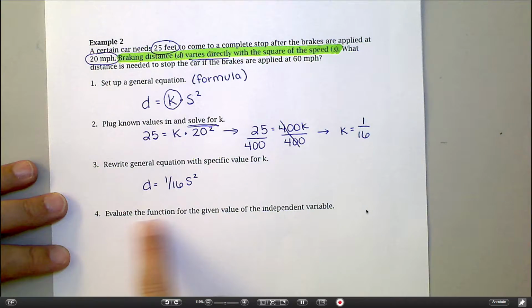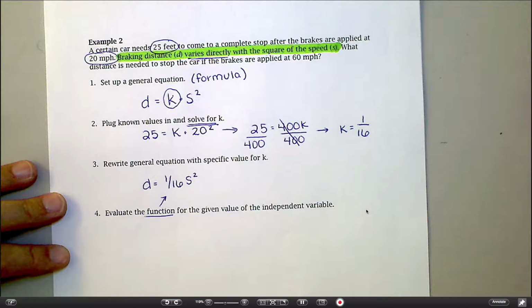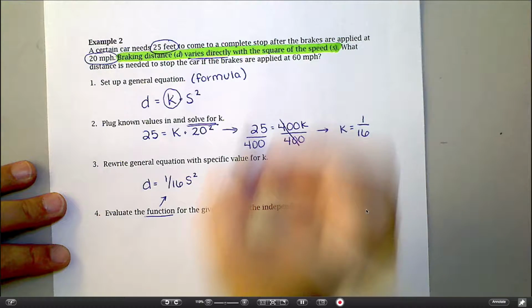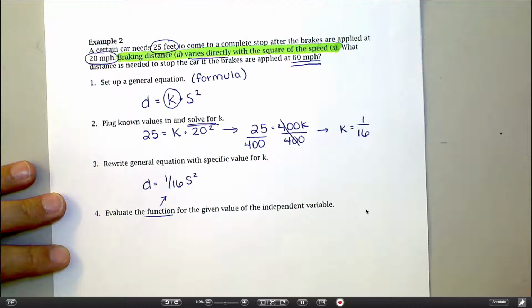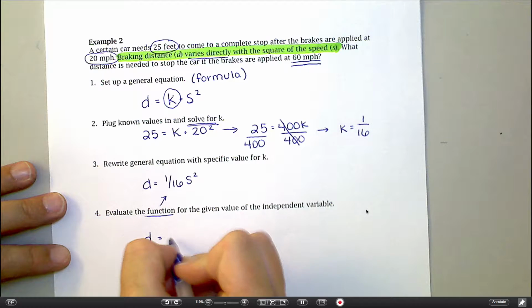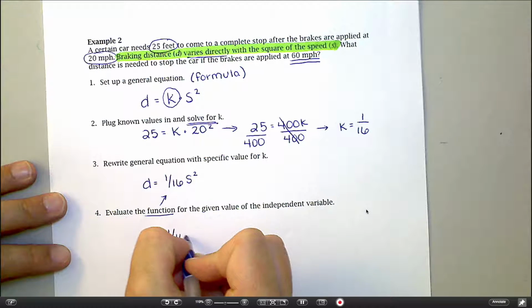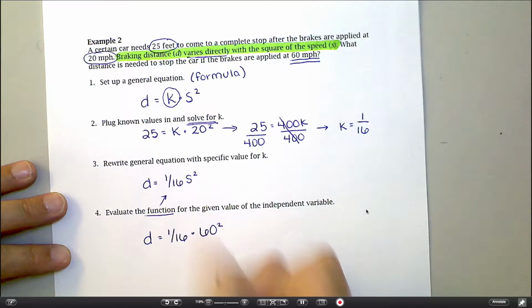Now it says evaluate the function, and when I say the function, I mean this, for the given value of the independent variable. Here at the end of the problem, it wants to know how much distance I would need if I'm traveling 60 miles an hour. Well, that's a speed, so I'm going to plug that in for S, 1/16 times 60 squared, okay?